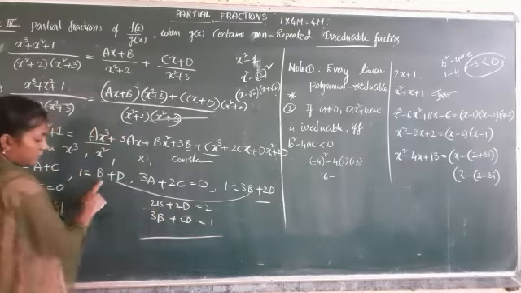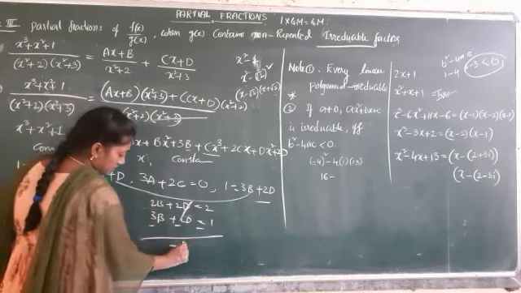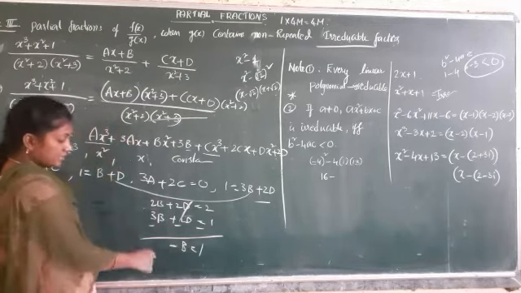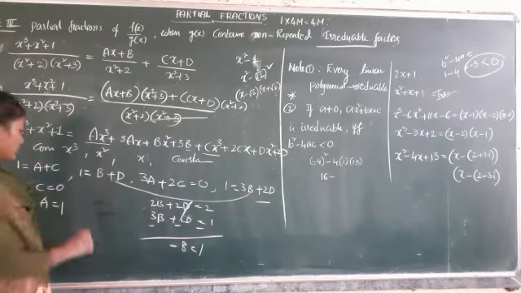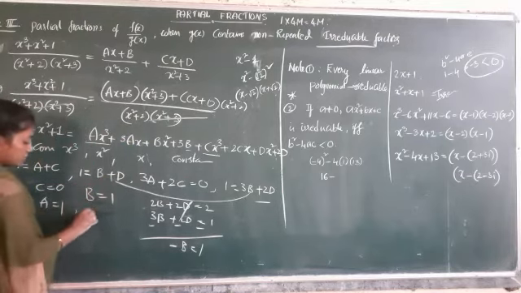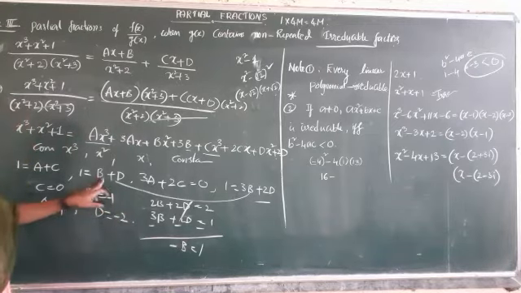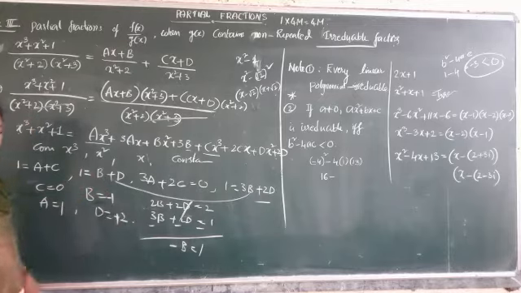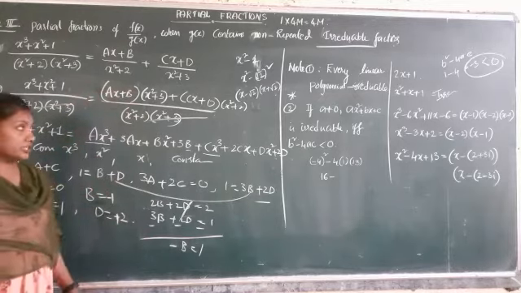These 2d terms get cancelled. Minus b is equal to 1, that is b is equal to minus 1. Substitute b is equal to minus 1 here, d is equal to 1 plus 1, it is 2. You substitute the a, b, c, d values here, hence the answer. In this way you have to solve it.